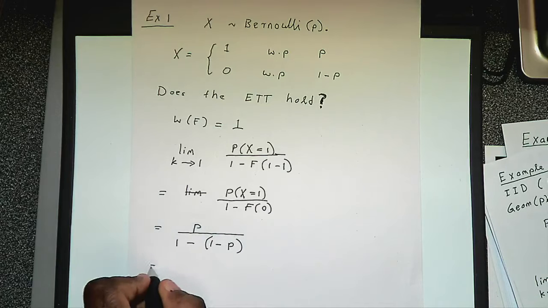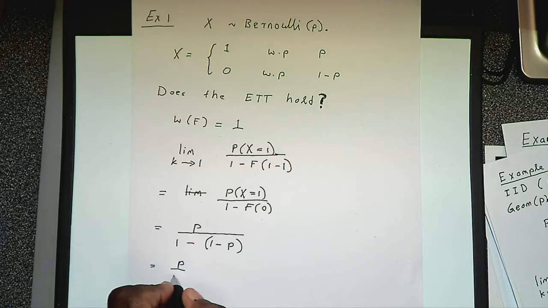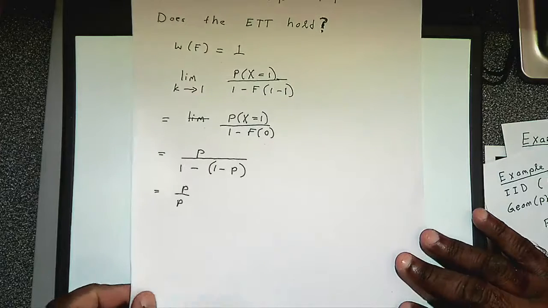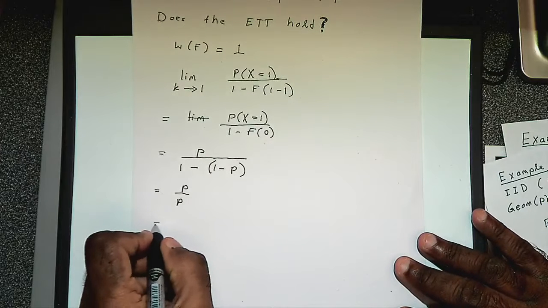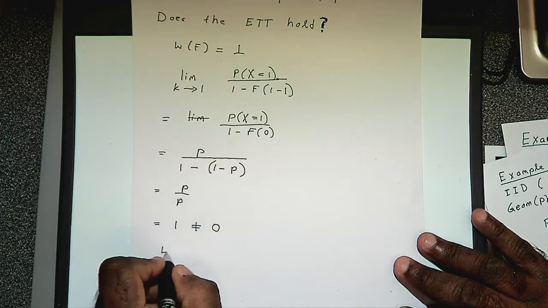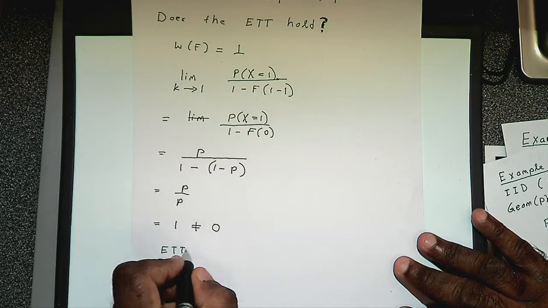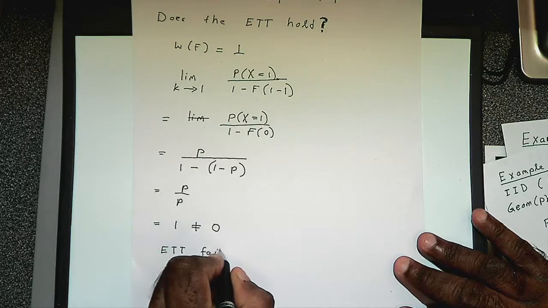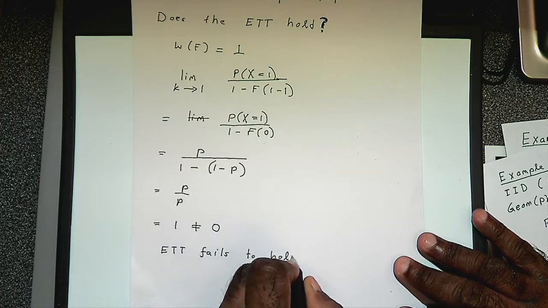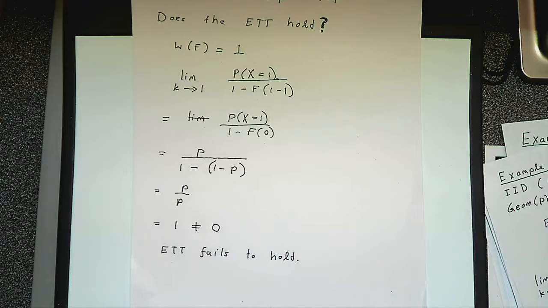So this is, and this is 1, which is not 0. Okay. Is this clear to all of you or not?